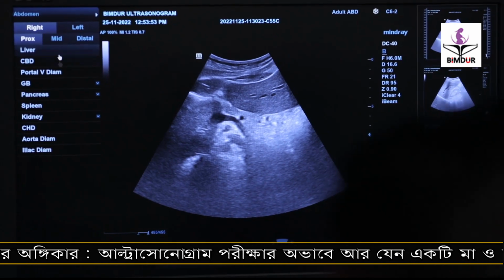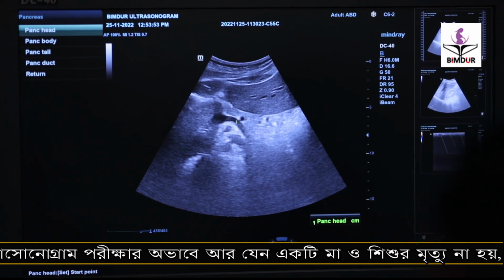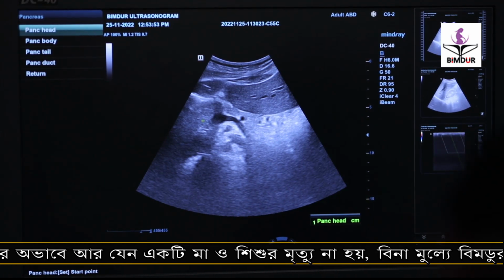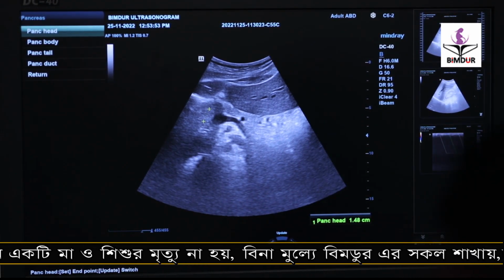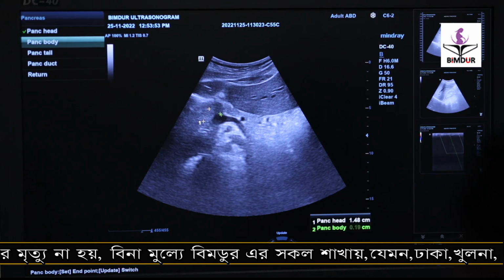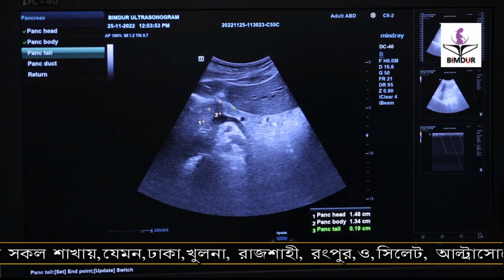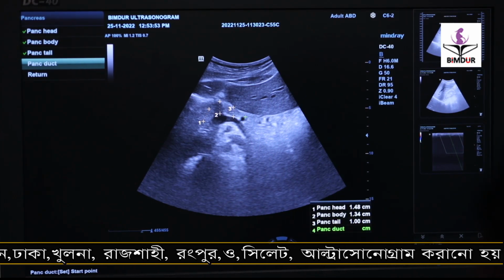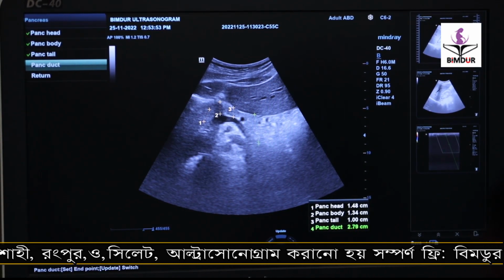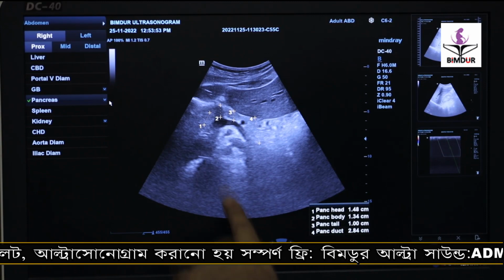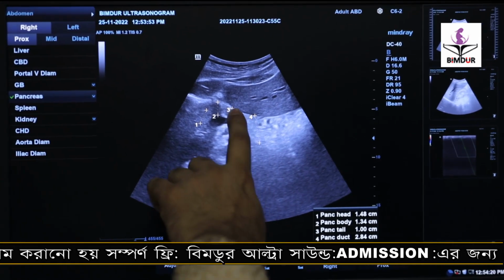We can measure now. This is pancreas measure, and this is head. This is neck. This is body, and this is tail. Okay, this is continuation of pancreas.